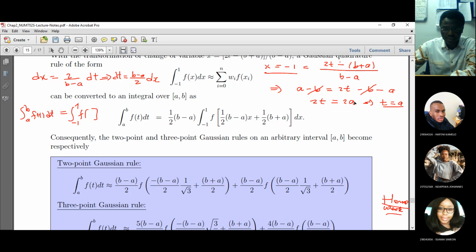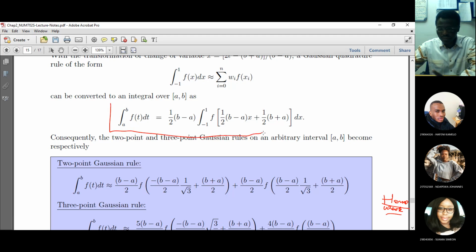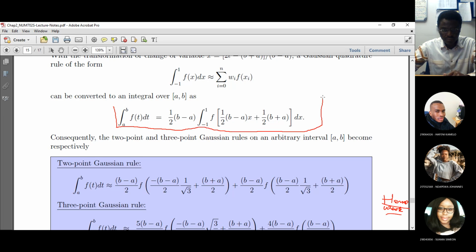So I will erase all these. So use this change of variable.